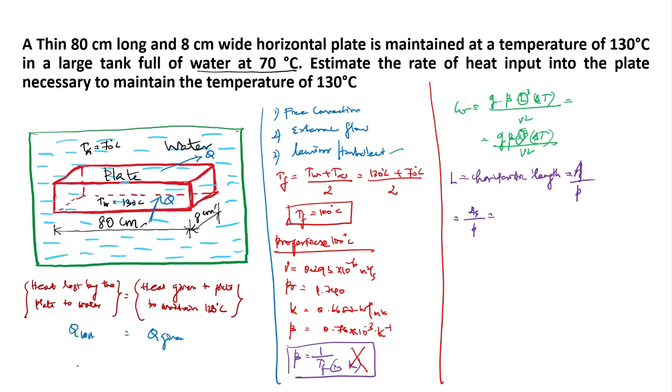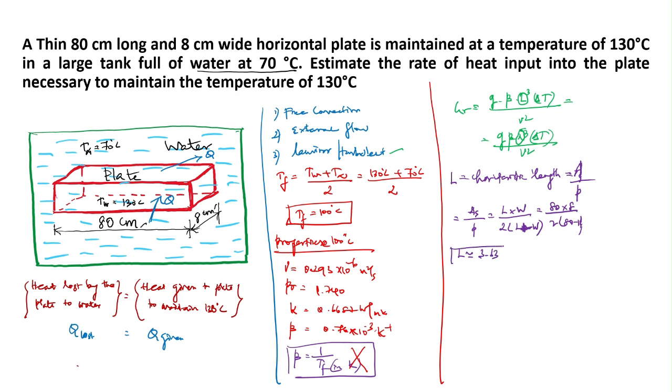Here the surface area of the plate is length into width, divided by the perimeter, which is 2 into length plus width. So we are calculating 80 into 8 divided by 2 into 80 plus 8. After substituting this value, we get L approximately equal to 3.63.